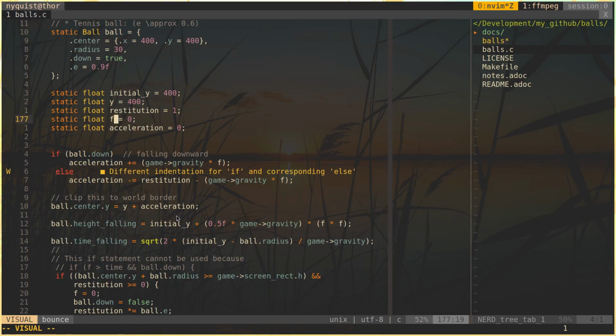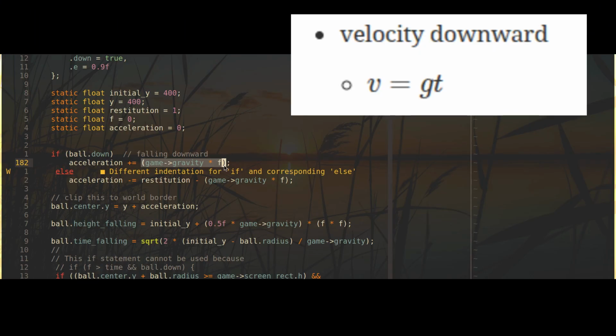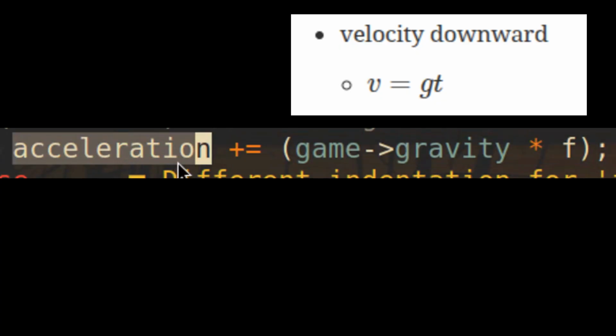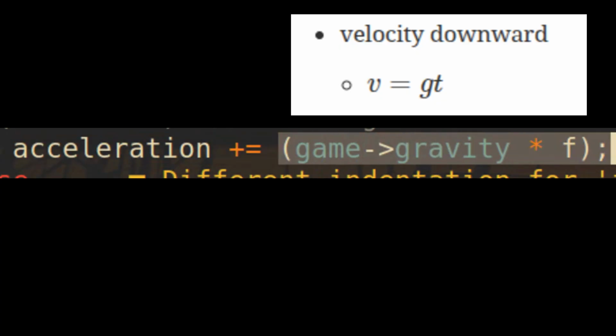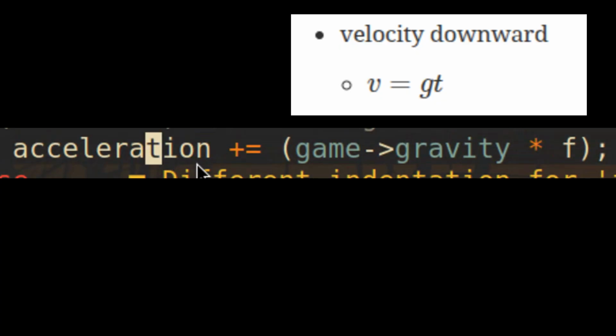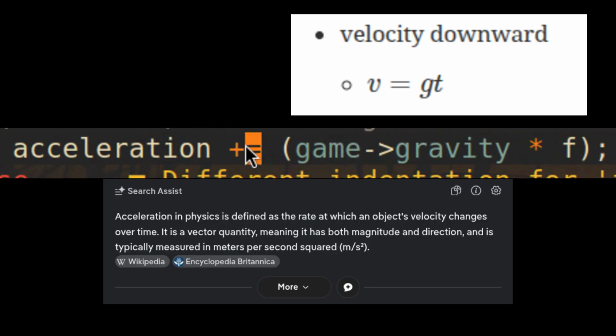F is actually time, and this is acceleration. So if the ball is going down, this is the formula we showed before. Gravity times time, and that'll equal our velocity, or in this case, I'm calling this acceleration because it keeps incrementing every tick.